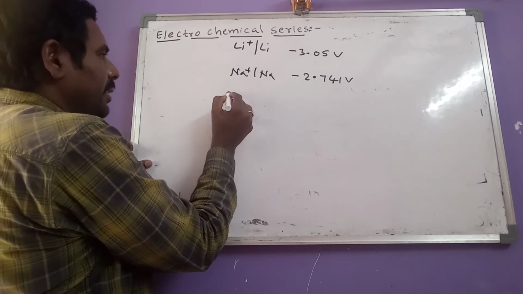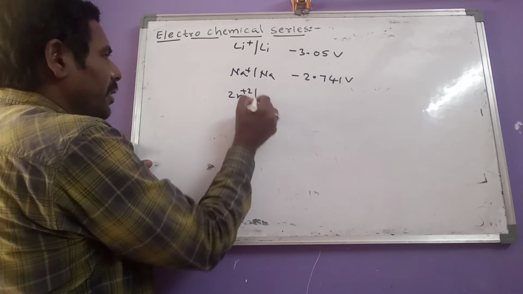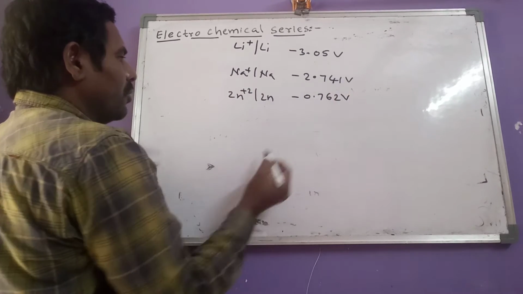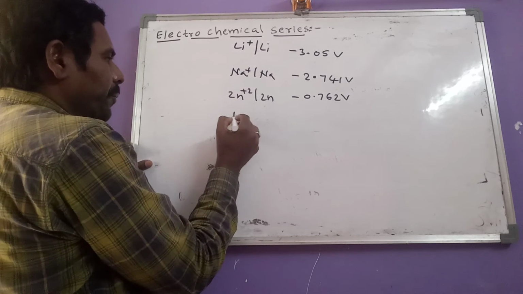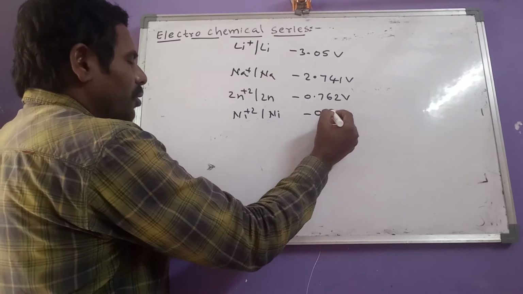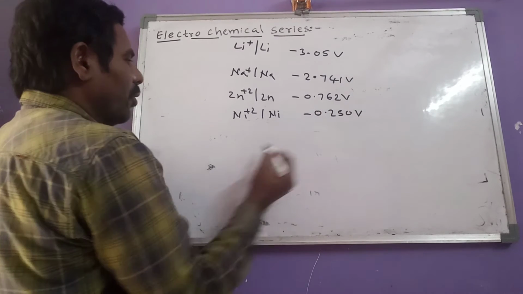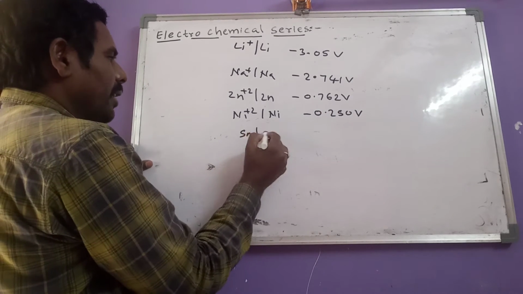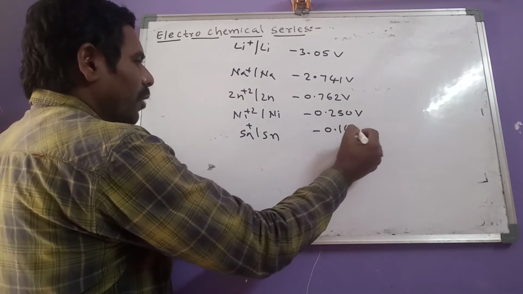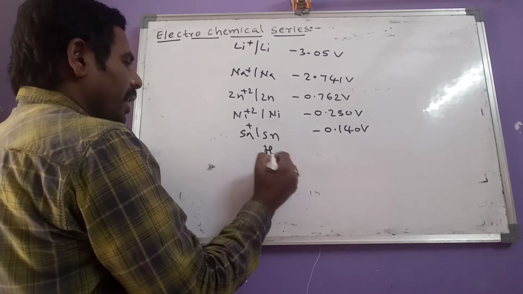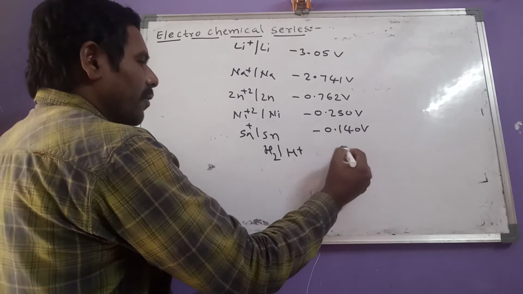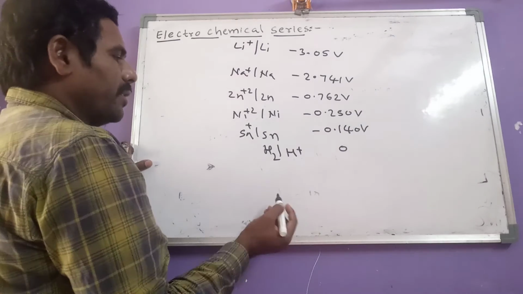And after that, zinc electrode, Zn plus 2 by Zn, minus 0.762 volts. And then nickel plus 2 by nickel, minus 0.250 volts. And Sn plus 2 by Sn, minus 0.140 volts. H2 by H plus, its value we know is assumed to be 0.